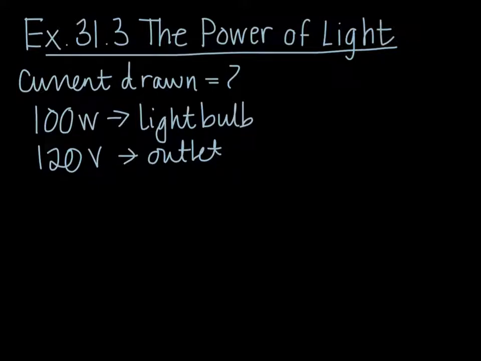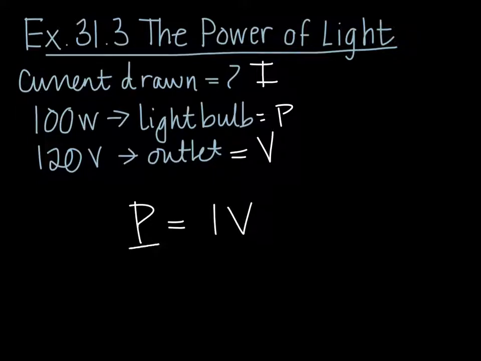So we're trying to find the current, I. We have the power, P, and we have the potential difference, V. So we already know this, P equals IV. And so we're just dividing the power by the potential difference and determining the current. Go ahead and do that. Okay, so now you should have arrived at an answer of 0.833 amps, or around that.